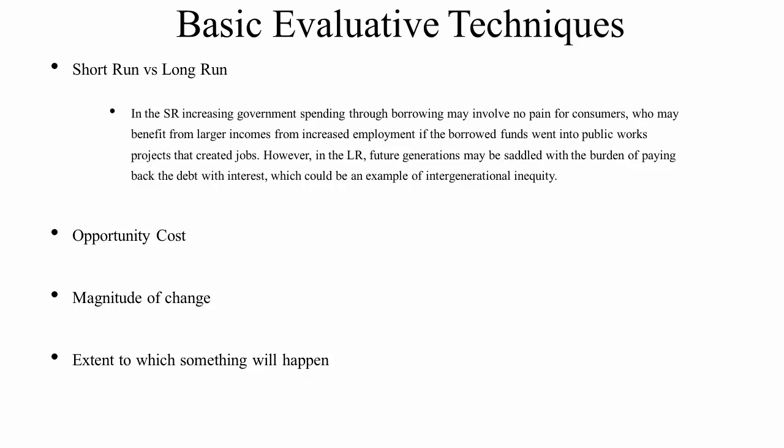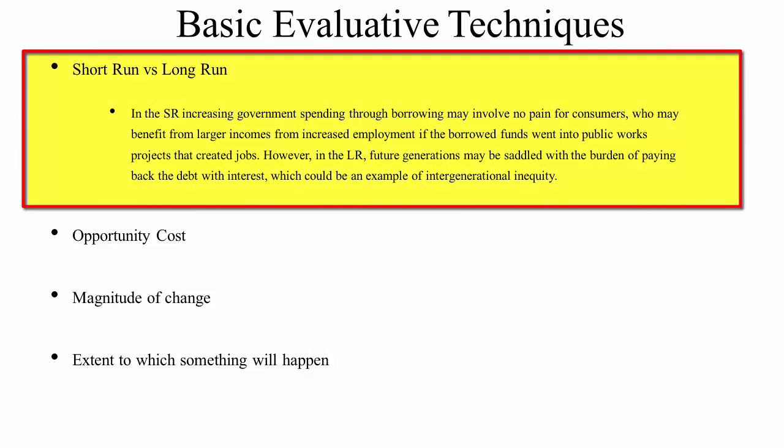Turning to our first basic evaluative technique in A-level economics, that's looking at the short-run impacts of a policy or decision or change versus the long-run impacts of that decision or policy. You can see on the screen that we look first at the short-run impacts of increased government spending from borrowing, and then the long-run impacts of that.